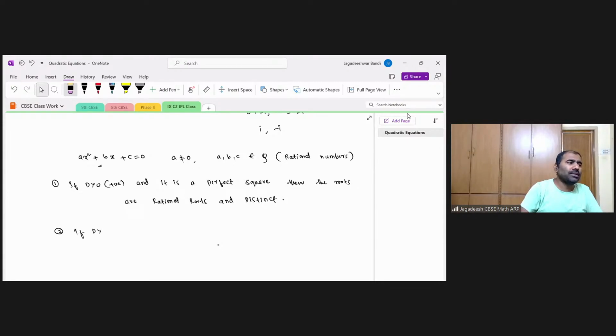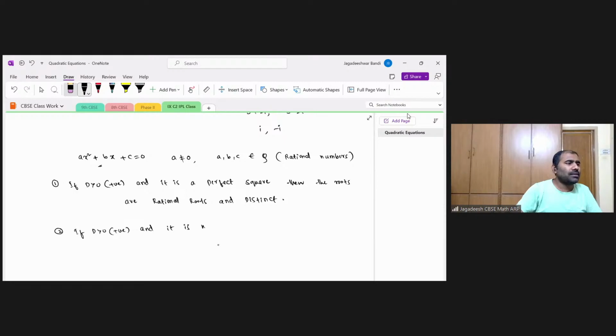If D is greater than 0, means positive, but it is not a perfect square. Suppose say root 35. Is it a perfect square? No, it is not a perfect square. Root 21, no. Root 25 is a perfect square. Root 21, root 24, or root 48, root 63, they're all not perfect squares.